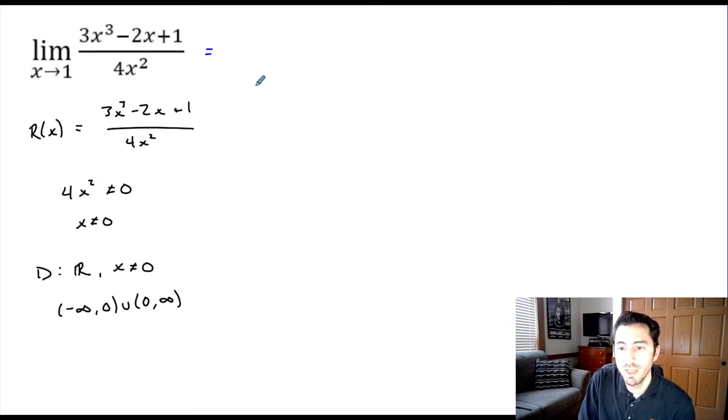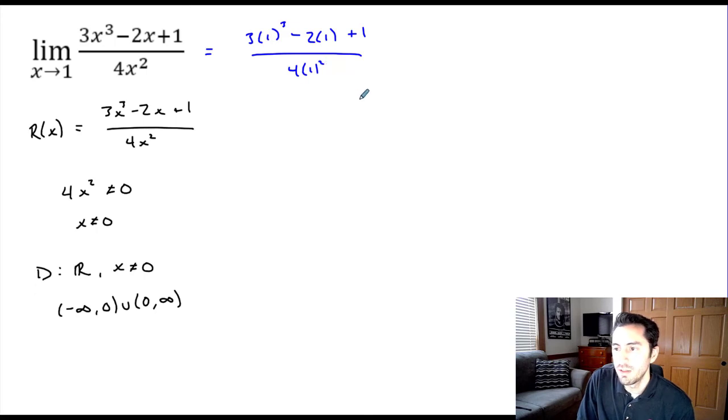So all we have to do is plug in 1. So 3 times 1 cubed minus 2 times 1 plus 1, and then this is all over 4 times 1 squared. Again, all those ones are easy to evaluate. So we end up with 3 minus 2 plus 1 all over 4. So 3 minus 2 plus 1, we end up with 2 over 4.